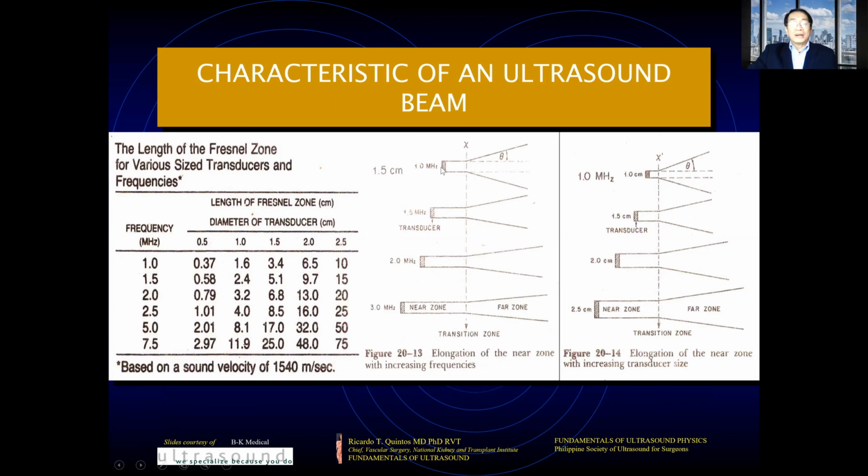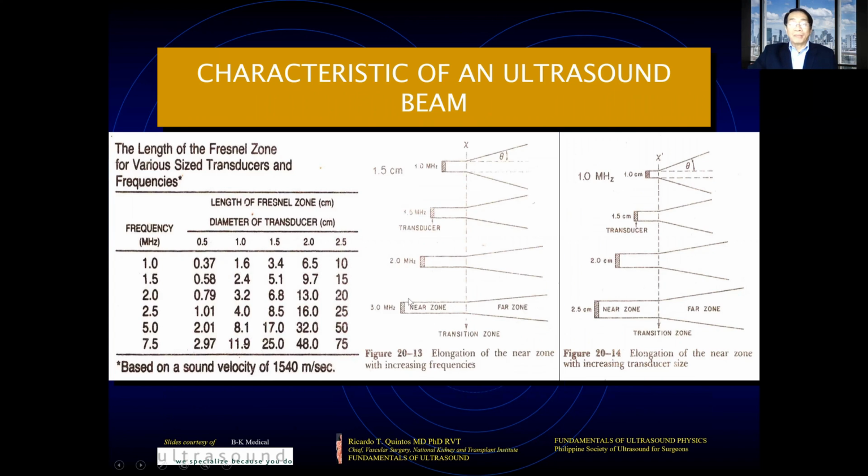Here, with the size of the transducer kept constant but the frequency increased from 1 megahertz to 3 megahertz, you will see that the near zone becomes more elongated. And so you will be able to see better resolution with higher frequencies, as long as it is kept in the near zone.